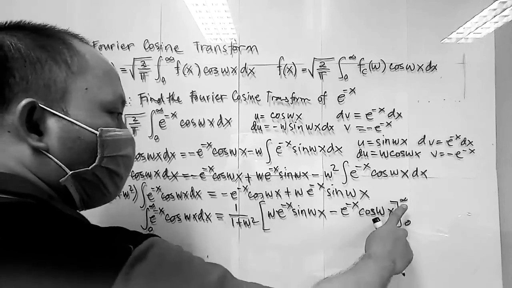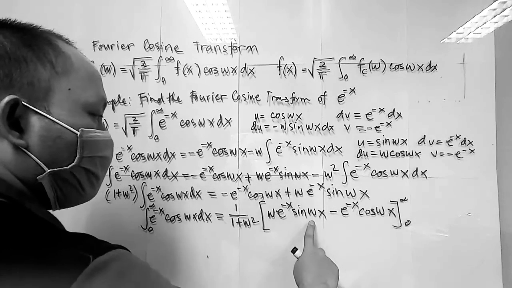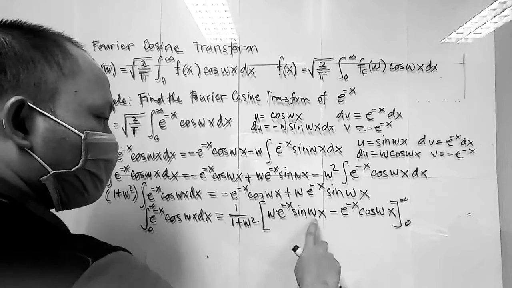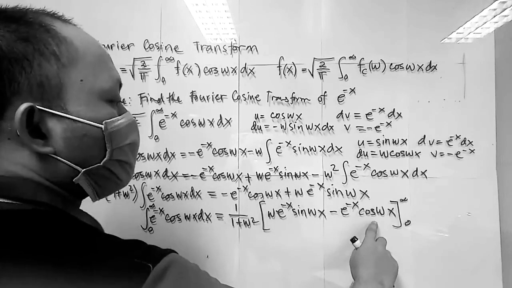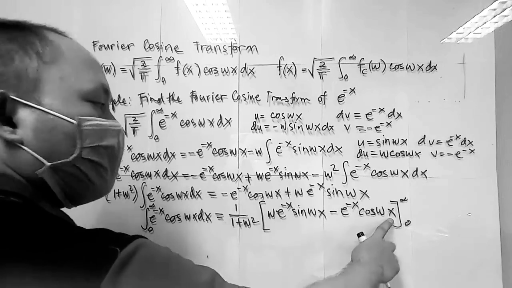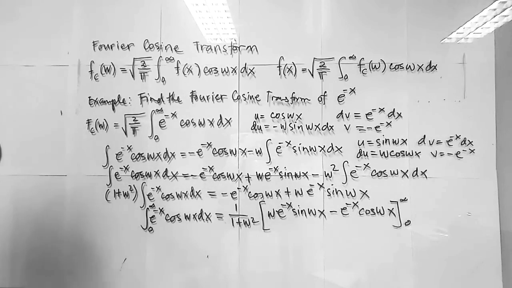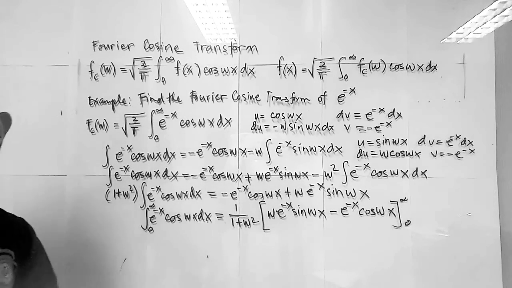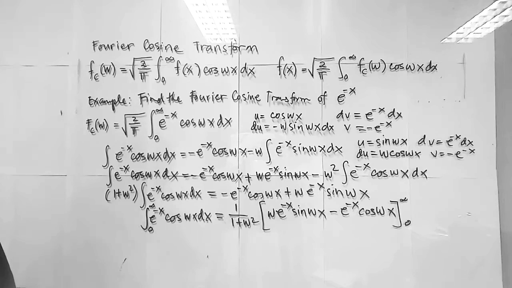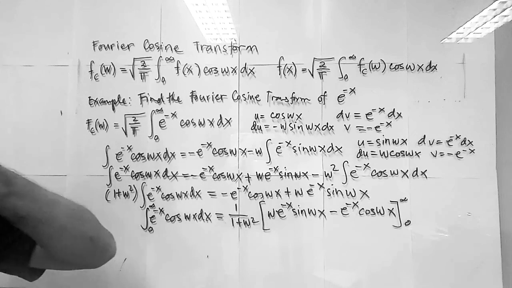When we substitute infinity into cosine w infinity, we will disregard that one. This time we will substitute the value of x using the lower limit of 0.